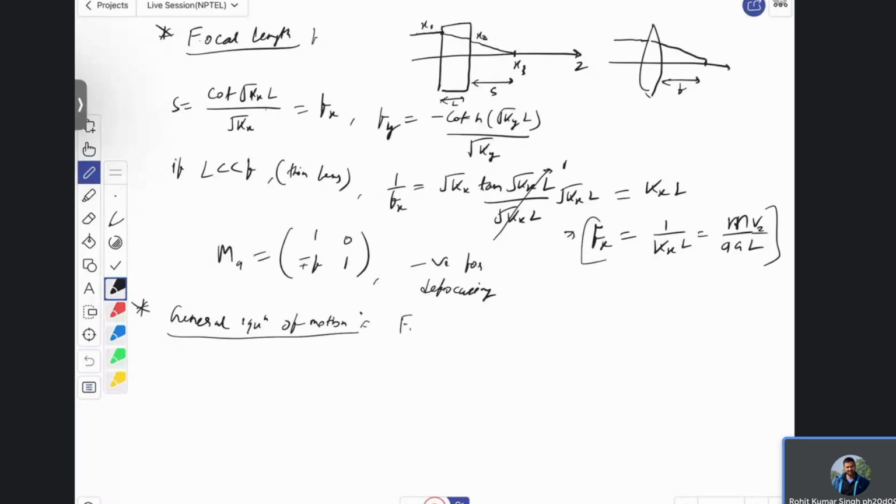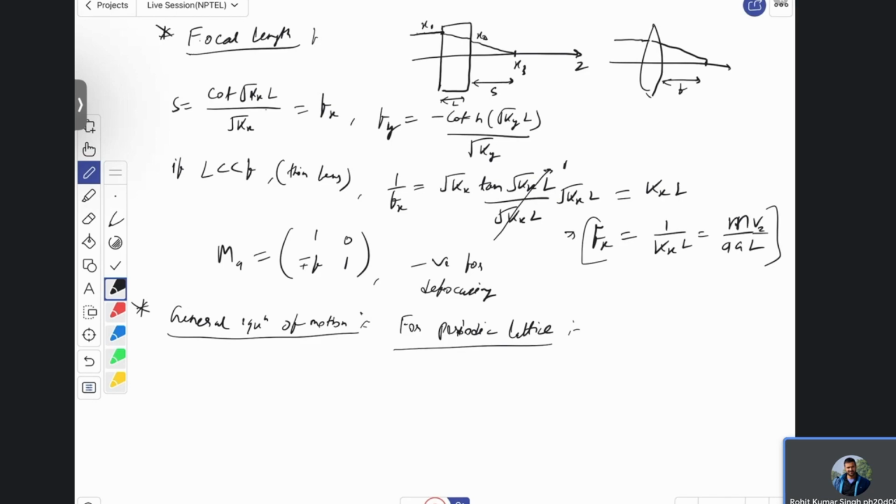Suppose we have a periodic lattice. As I mentioned, we cannot use a single quadrupole for focusing. We always have to use quadrupoles in pairs.